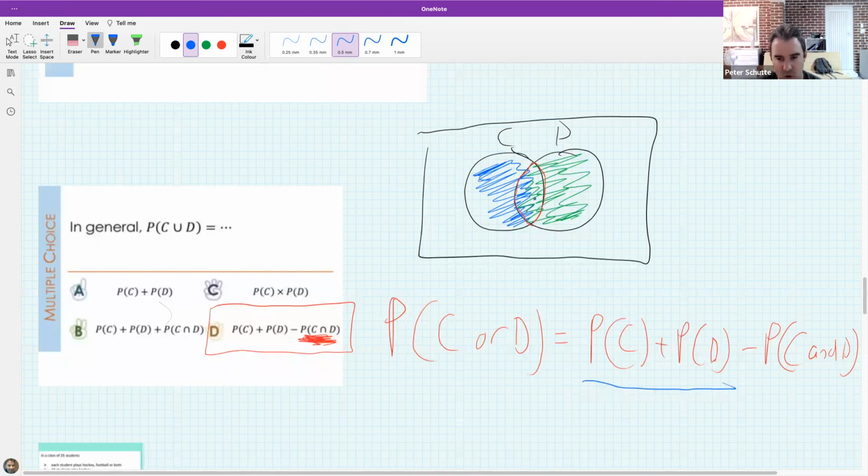You've counted some elements twice. That's why you need a subtraction for that middle bit.